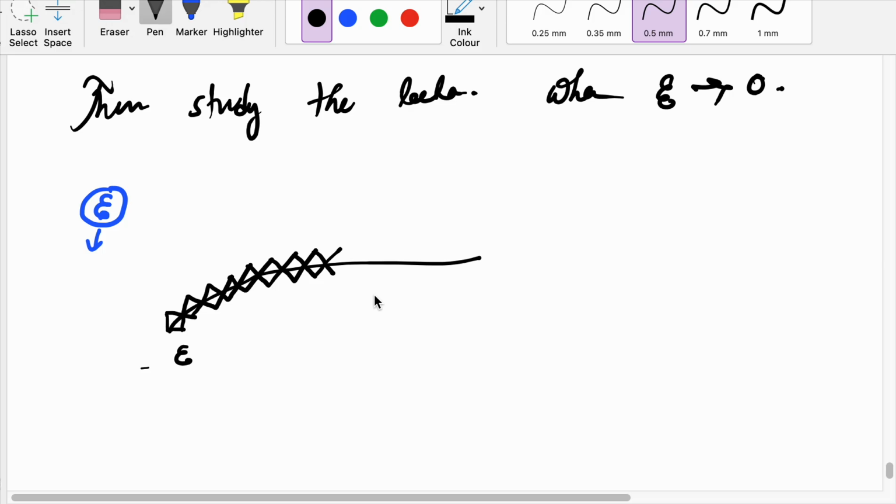How many such boxes do I require to fill this whole length L? Suppose this is length L, A to B, and the size of these boxes is epsilon. How many boxes are required to fill the whole A to B? That should be proportional to L by epsilon.